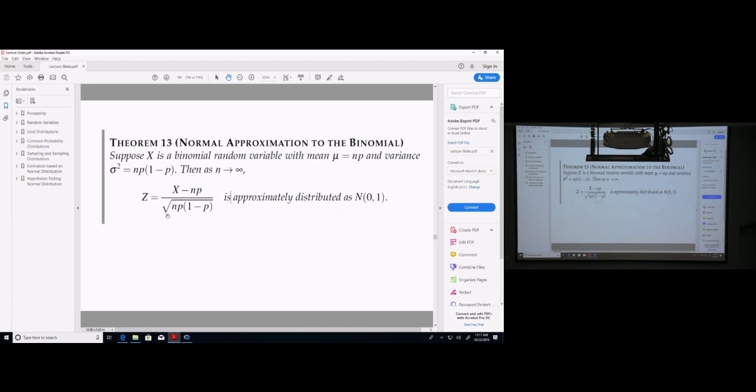So if you take the square root, this will be the standard deviation. So basically, everything has to be measured in terms of the unit of standard deviations away from the mean, all right? This is approximately distributed as the standard normal.